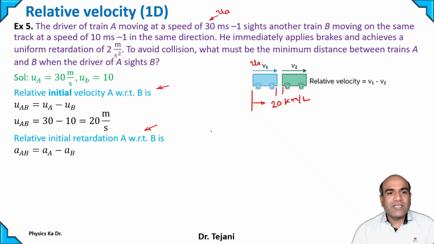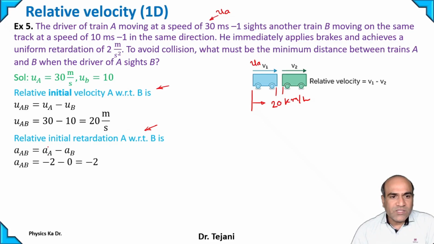So initially, when he saw that there is some collision, he reduced the speed, so train A got an acceleration. But what about B? That train was running at uniform velocity, that means acceleration was 0.